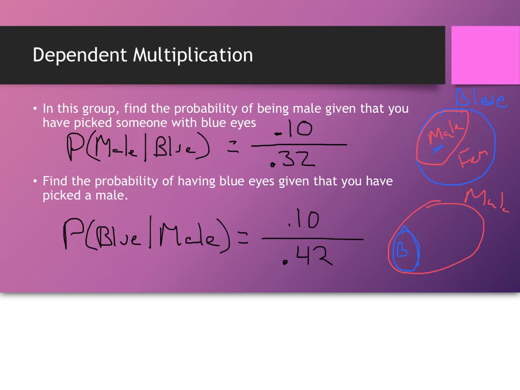That this comes out to about 23.8%, or I'm going to say round it to 0.238. This came out to exactly 0.3125. So notice that you are more likely to pick a male person from the blue-eyed pool than you are to pick a blue-eyed person from the male pool. All right, your probability is higher.